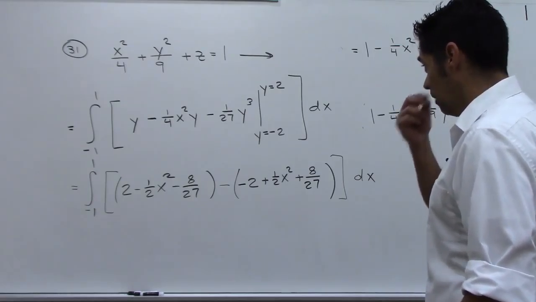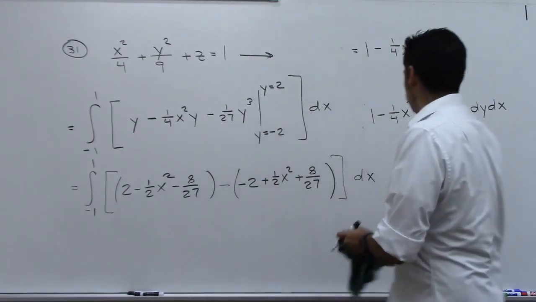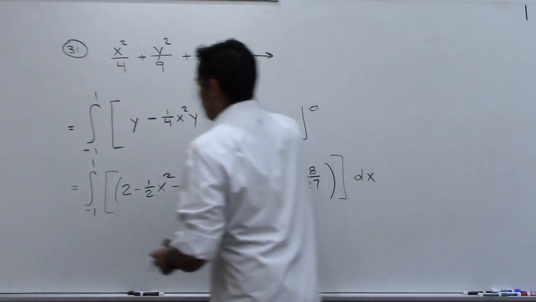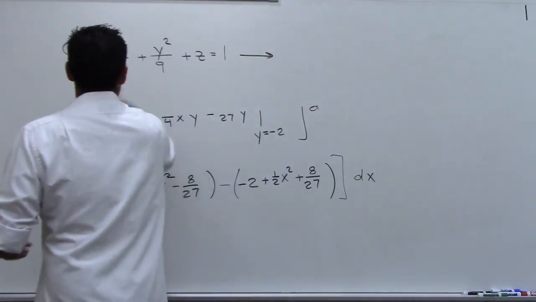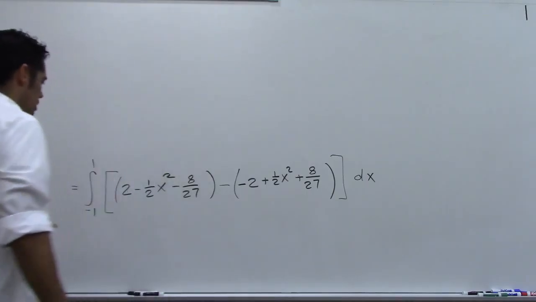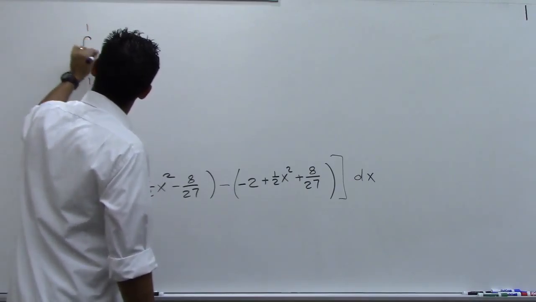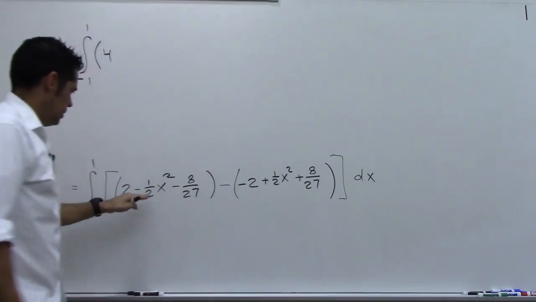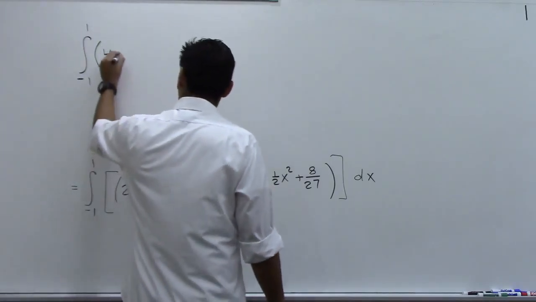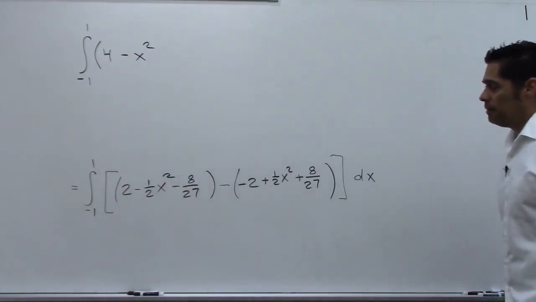So let's see what happens. Looks like everything's going to get doubled up. So we have 2 plus 2, 4. Minus 1/2 x squared, take away another 1/2 x squared, is just negative x squared.